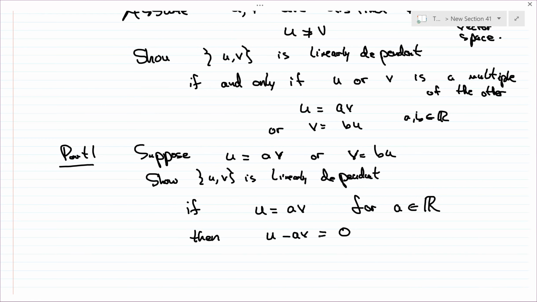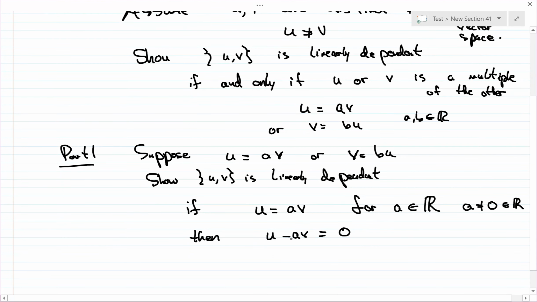Okay, and well, let's be careful. Let's assume that a is in R, but a is not zero. And this is the zero real number. So I'm assuming that U is a multiple of V, but the multiple here is not zero. So if it's not zero, then what do we have?